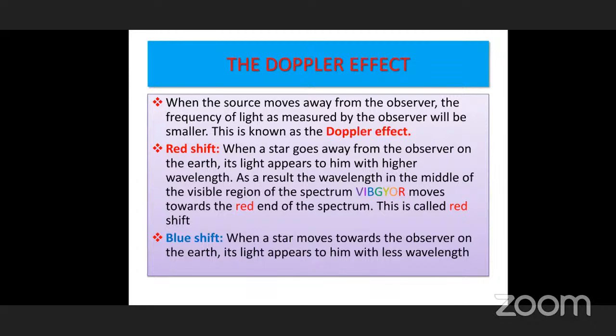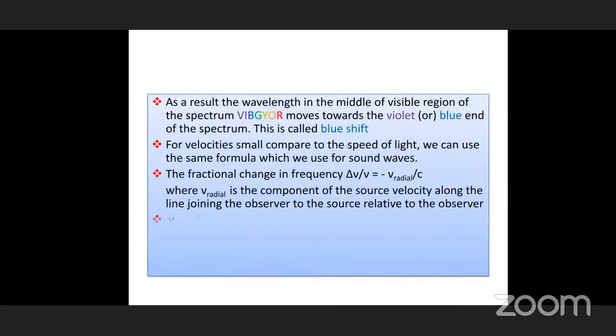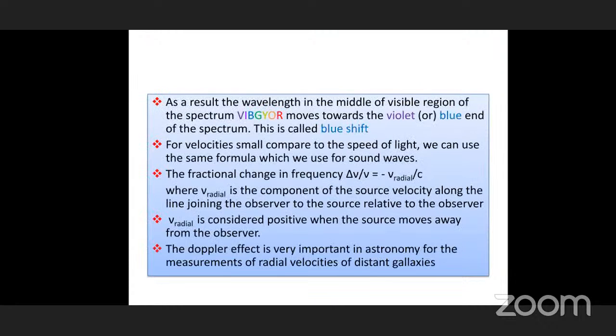Similarly, there is blue shift. In the same manner, when a star moves towards the observer, opposite to this, if the star is coming towards you, towards Earth, and you are observing it, then its light appears to have less wavelength, quite the opposite. If it is moving away, higher wavelength; if it comes towards us, it looks like lesser wavelength.